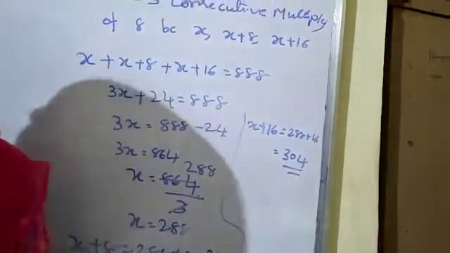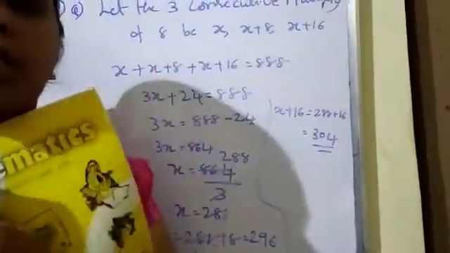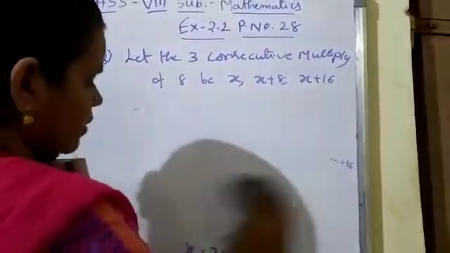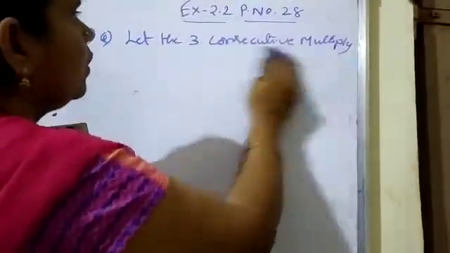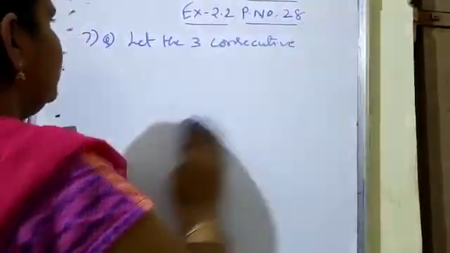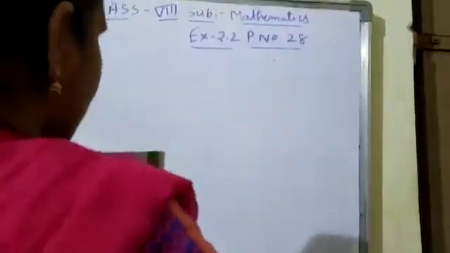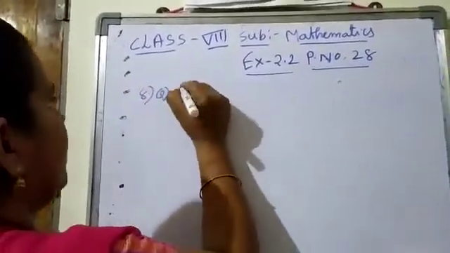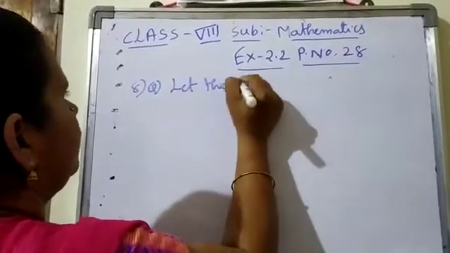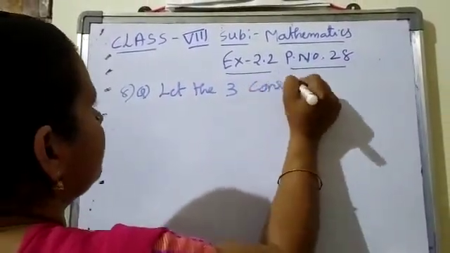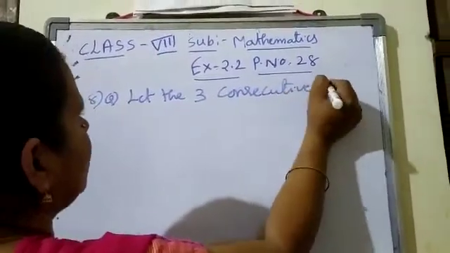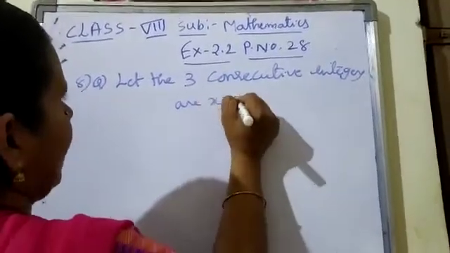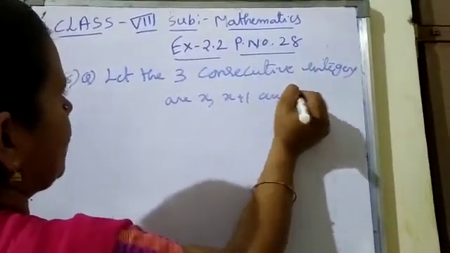Let the 3 consecutive integers be x, x plus 1 and x plus 2.